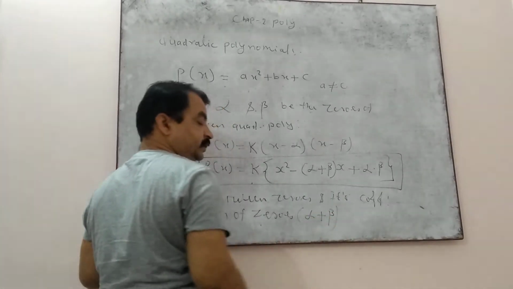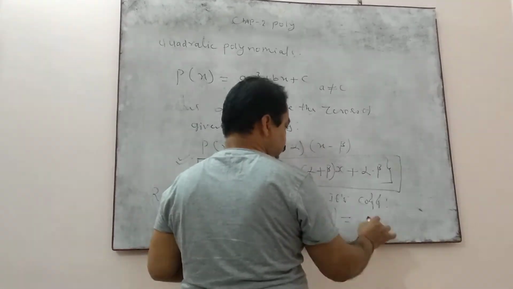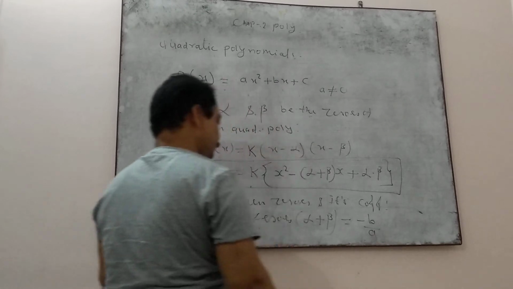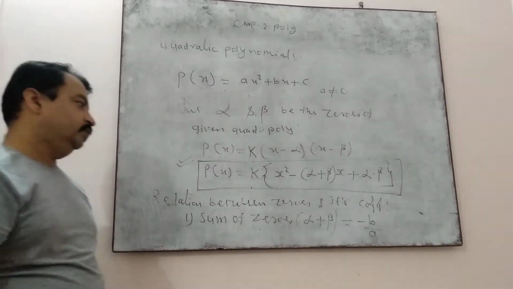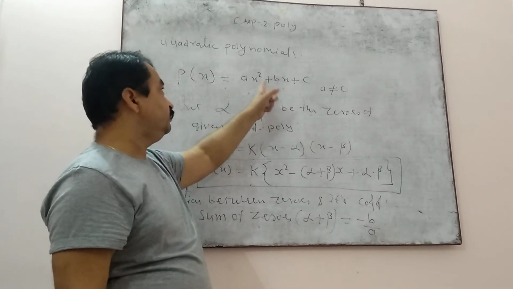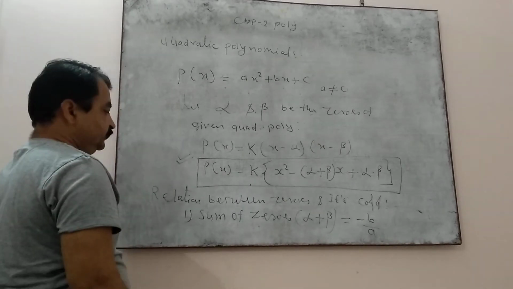Of course, we have taken the zeros as alpha and beta. So the sum of zeros, alpha plus beta, is equal to minus b upon a, right? Now, what is b here in the standard form of the quadratic polynomial? It is the x coefficient, and a is the x square coefficient.